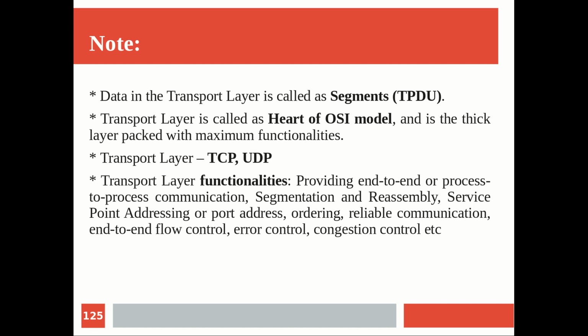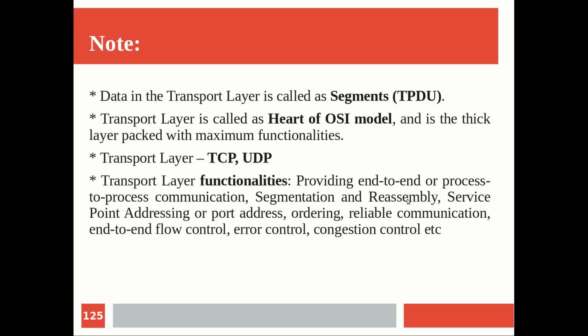It provides end to end or process to process communication, in the sense of end to end flow control, error control, congestion control, all those things. Congestion control is mainly a network layer activity, but if you are using TCP, it has some facility to do congestion control at the transport layer also.